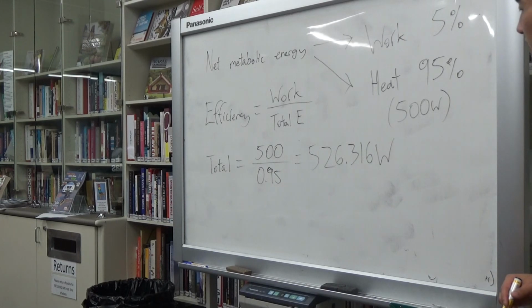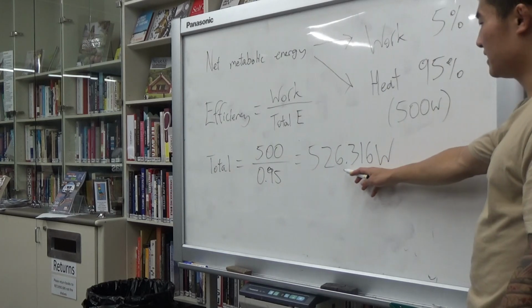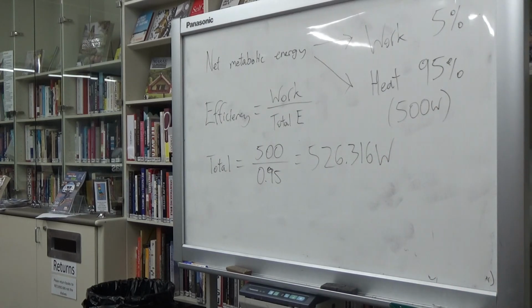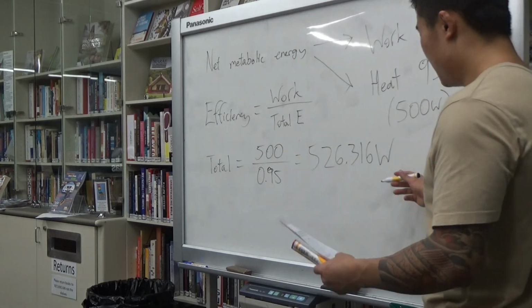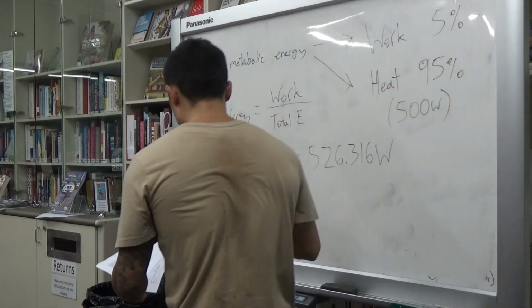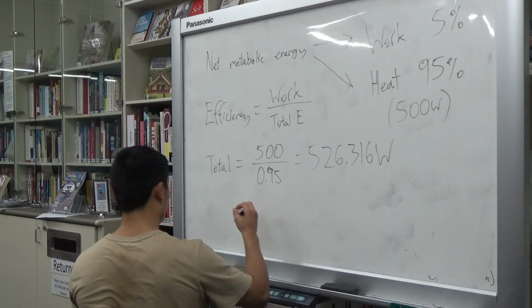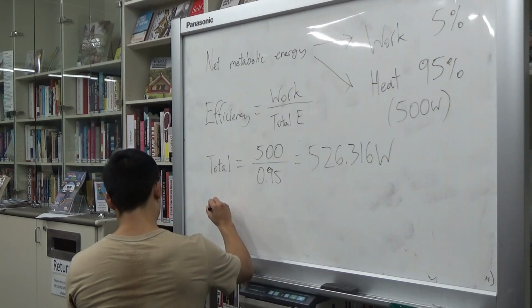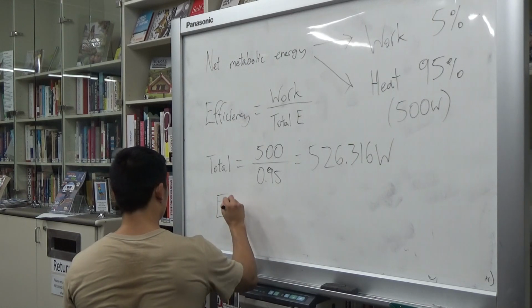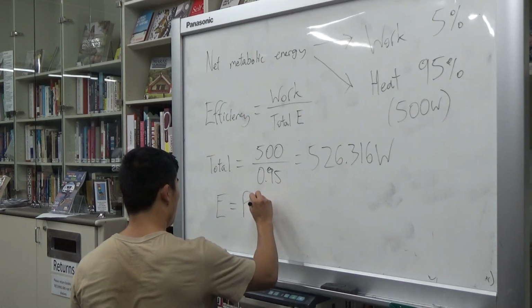Right? So that means that her work is 26 watts. And so that's the amount of energy that she's using per second, how much energy she's burning up. And since she's doing that for 3 hours, her total energy over the 3 hours is going to be equal to power multiplied by time.